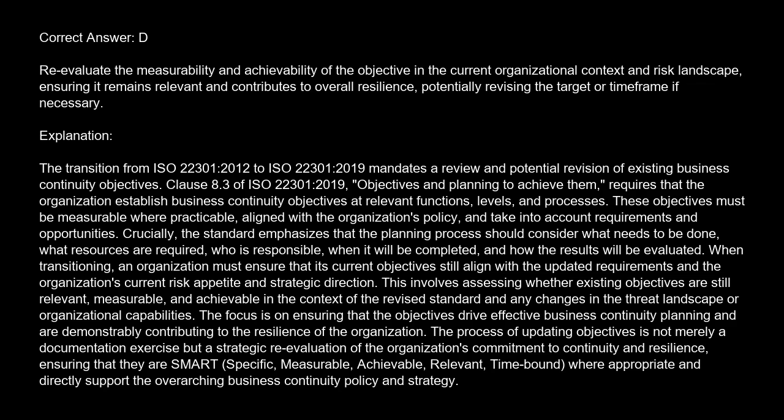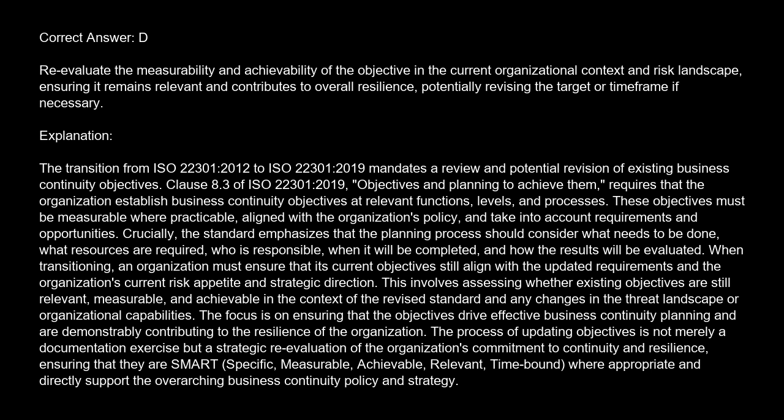The correct answer is D. Reevaluate the measurability and achievability of the objective in the current organizational context and risk landscape, ensuring it remains relevant and contributes to overall resilience, potentially revising the target or timeframe if necessary. Explanation: the transition from ISO 22301:2012 to ISO 22301:2019 mandates a review and potential revision of existing business continuity objectives.